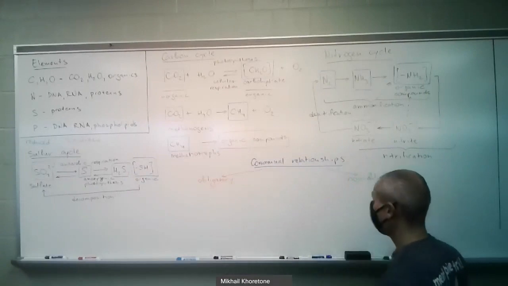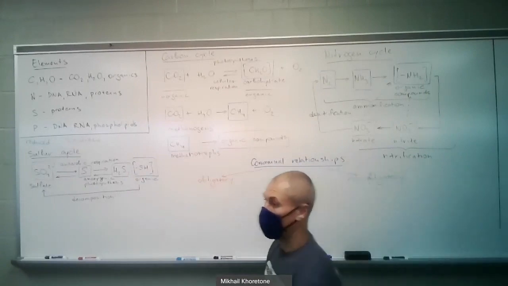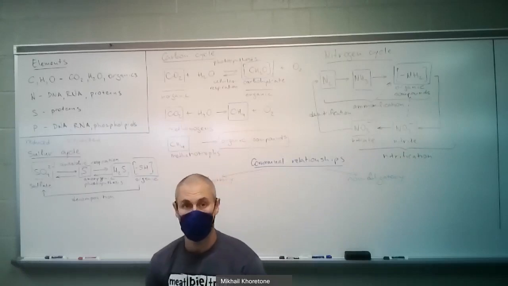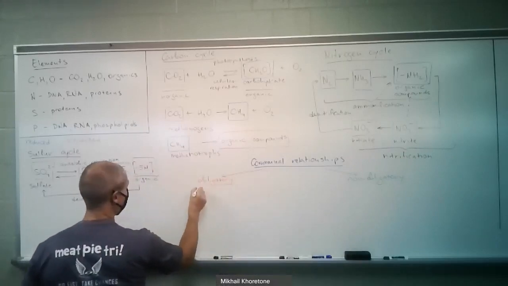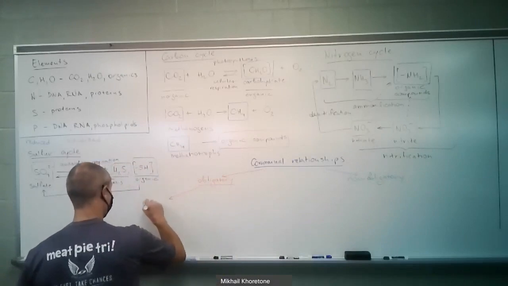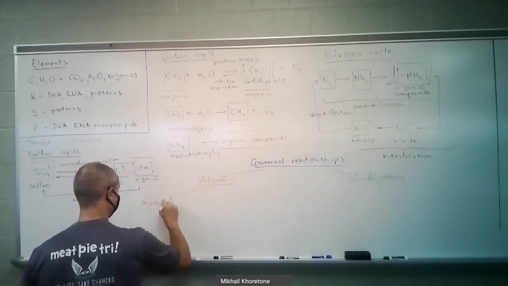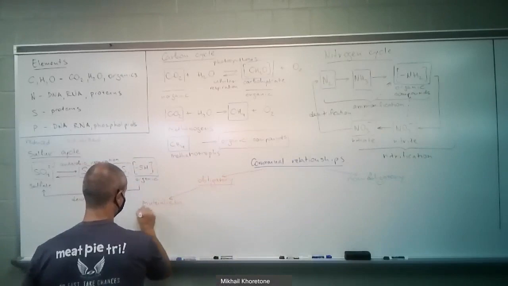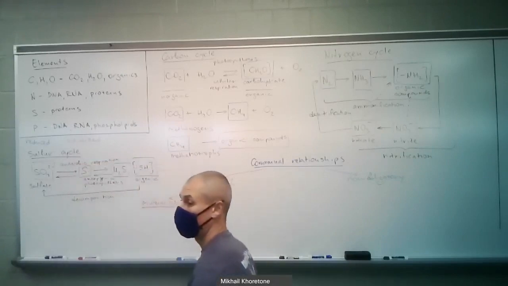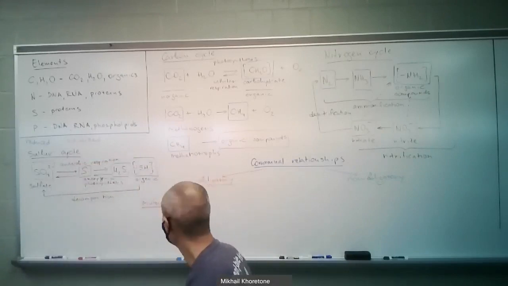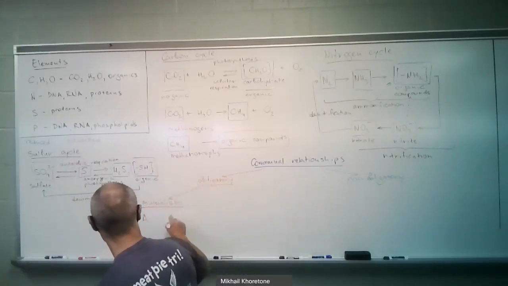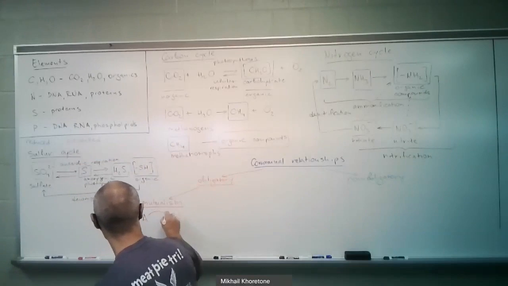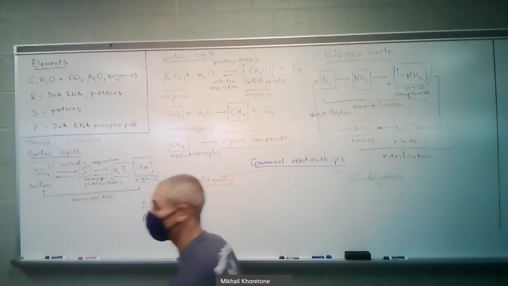Okay, so there are three obligatory relationships that I want you to know. First is mutualism. In mutualism, you have two microorganisms, A and B, and they depend on each other.